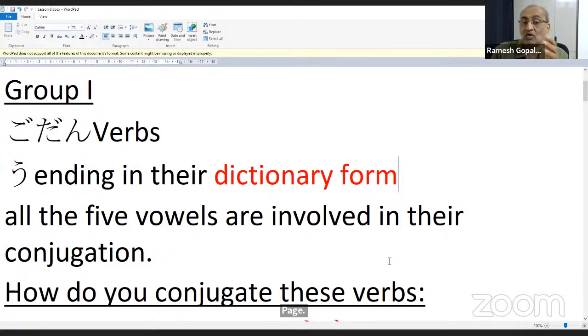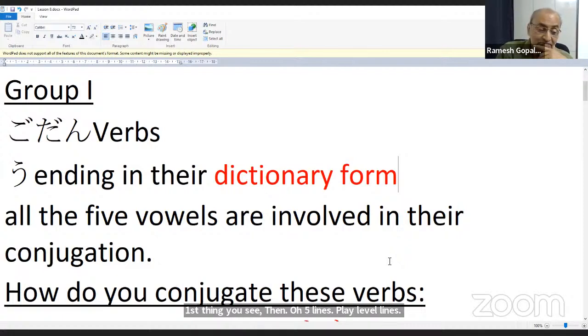I told you all the 5 vowels are involved. I'll tell you how. The first thing you see is A, I, U, E, O. 5 vowel lines.